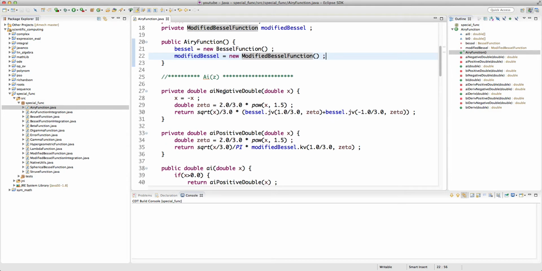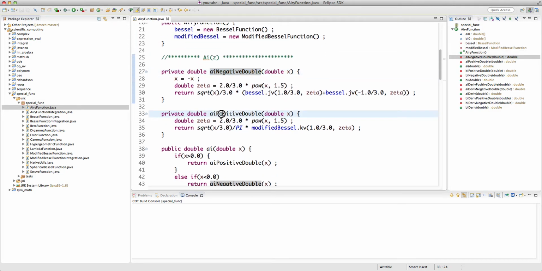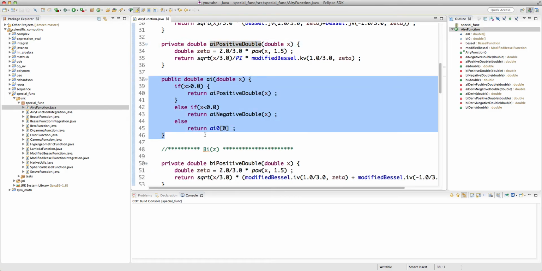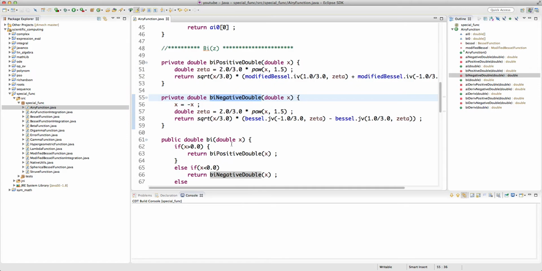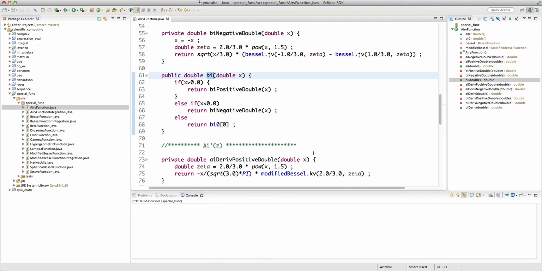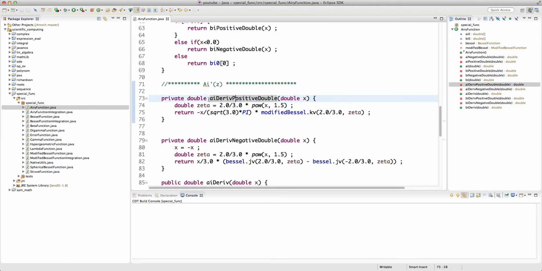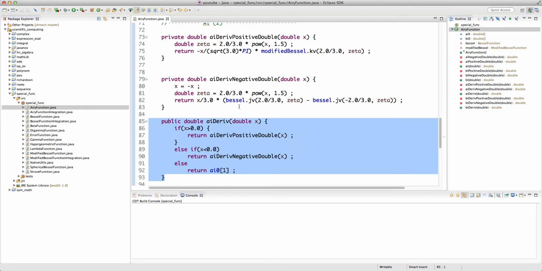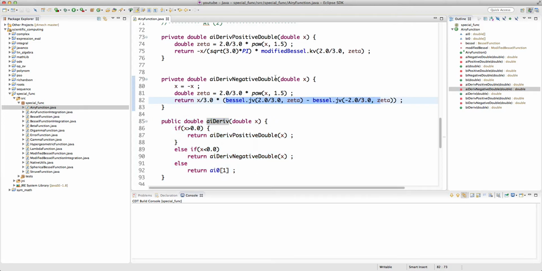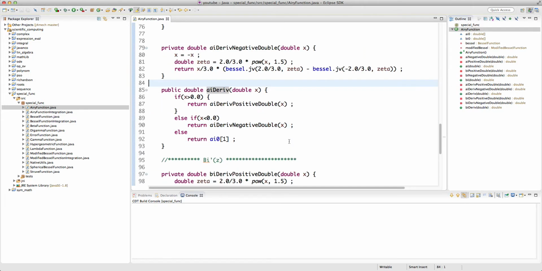And then I have Ai negative, which is private, Ai positive, and then this public method for Ai. So Bi positive, Bi negative, and Bi. All right. Ai prime, so Ai deriv positive, Ai deriv negative, and then Ai deriv. And these are basically just the equations that relate the derivatives to the Bessel functions.